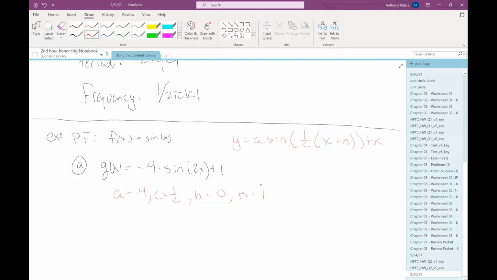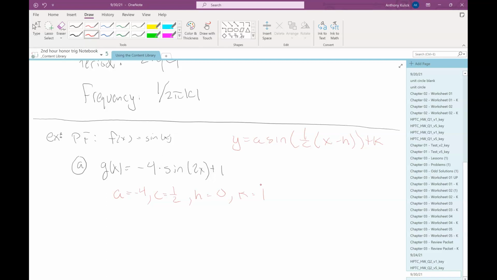We have no horizontal translation because h is 0. But we do have a vertical translation, up 1 unit because k is positive 1. You guys remember that stuff? I'm not going to write that all down again. We'll just say it.